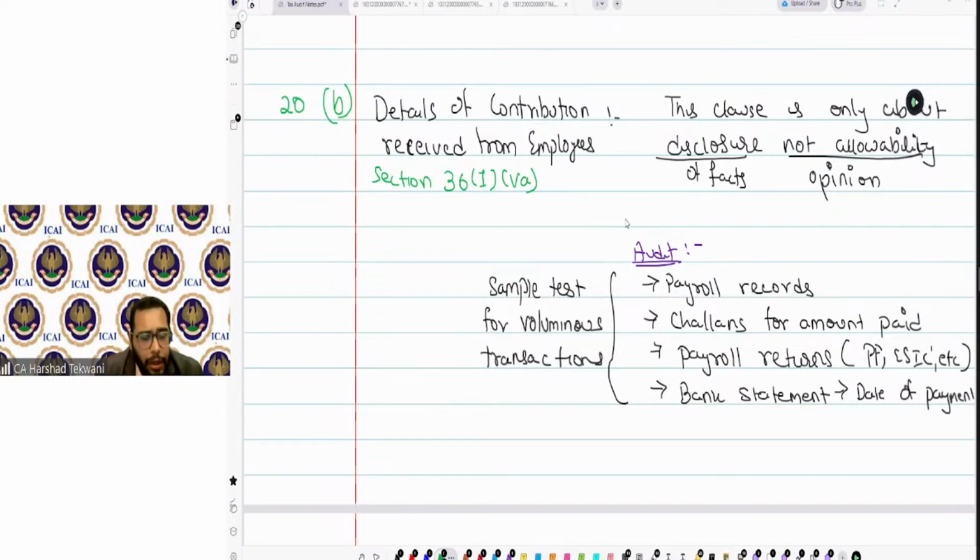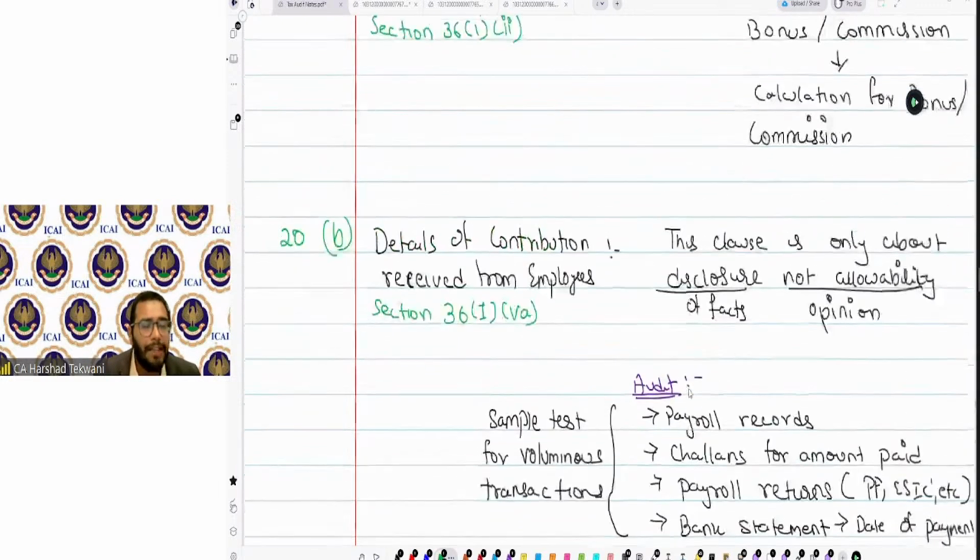In some scenarios, we report details which are relevant to the income tax, for example, ICDS, for example, depreciation. But otherwise, in the case of Form 3CD, we do not issue an opinion on the allowability, taxability, whether this amount should be allowed as a deduction, whether this amount should be added back to the income. No. We only report facts which are there in the books of account.